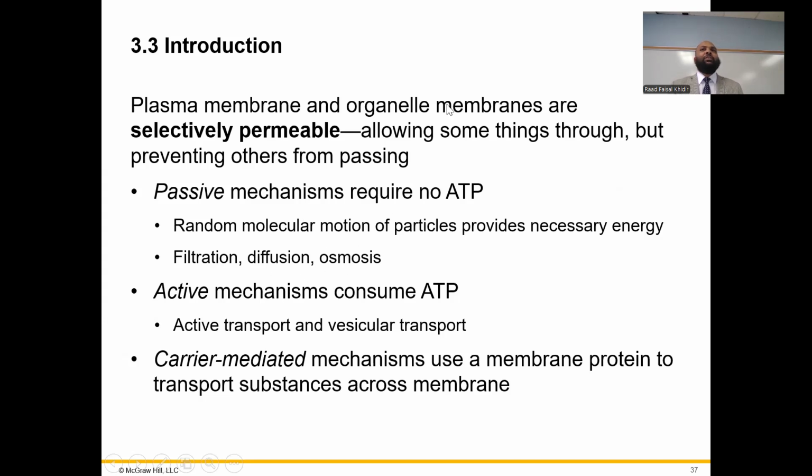What is filtration? Filtration is the energy that powers the movement of molecules based on a pump. For example, the heart pumps your blood, and the blood runs through the blood vessels until it gets into the capillary. Then the blood starts to exit the capillary.